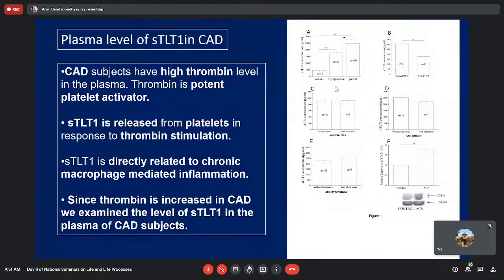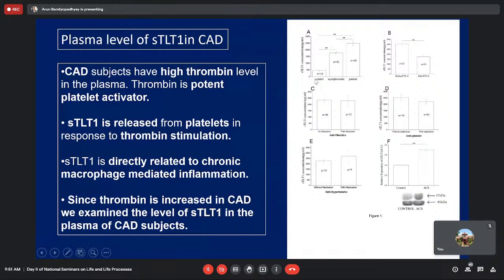They are normal and have a normal life, but they have some risk factors for atherosclerosis, like high blood pressure. They have unmanaged cholesterol, and some of them might be on medications for managing cholesterol. So they are called the asymptomatic group.